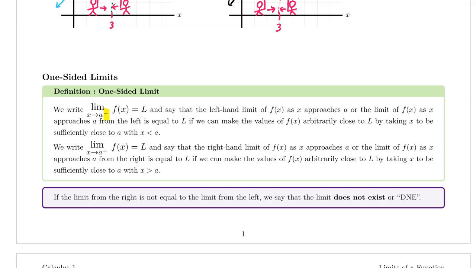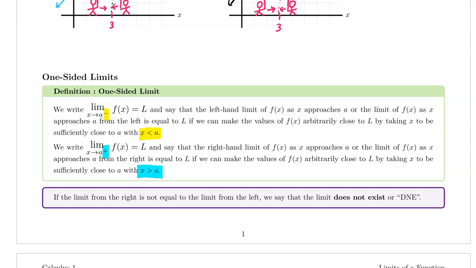This means that we're taking the limit as x approaches a from the left-hand side, which means that we are approaching a from smaller values of a. And then here, if we have this plus sign in the superscript, that means that we're approaching it from the right-hand side or from values that are greater than a.